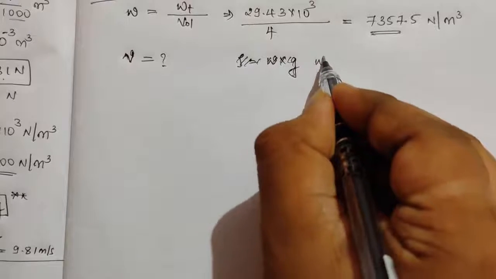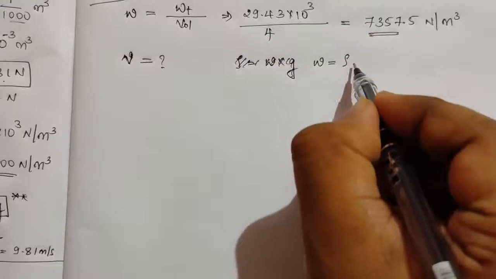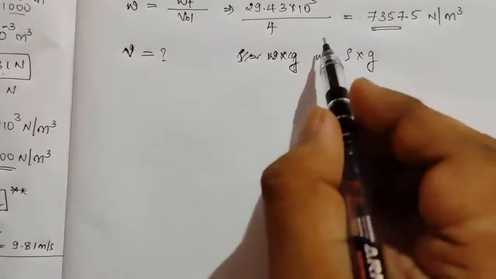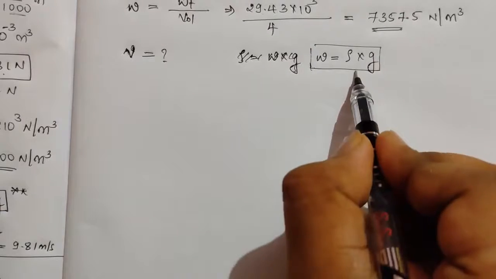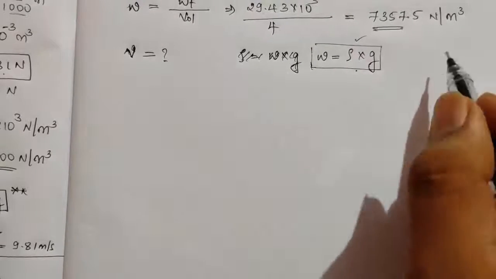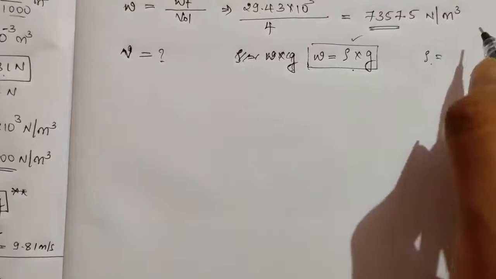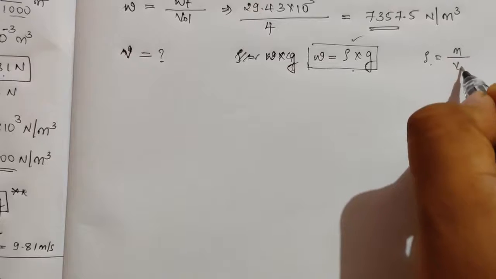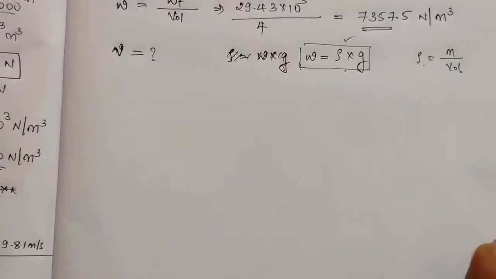We know this relation, that specific weight is equal to mass density into gravity. By this I can find the mass density, or I can use mass density is equal to mass by volume by converting the terms. Both will give the same answer.